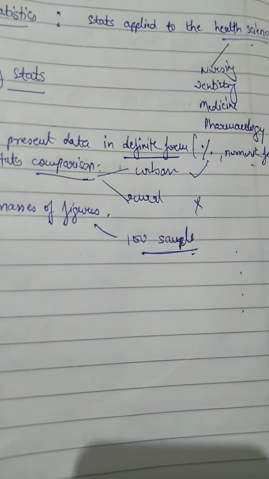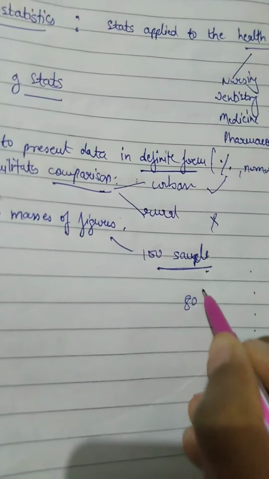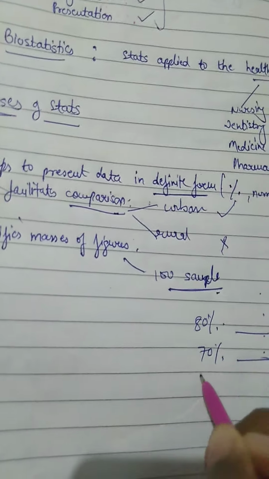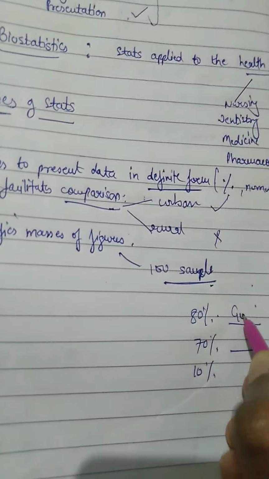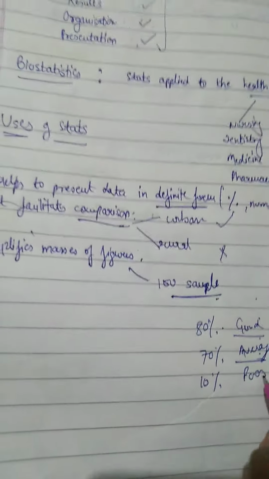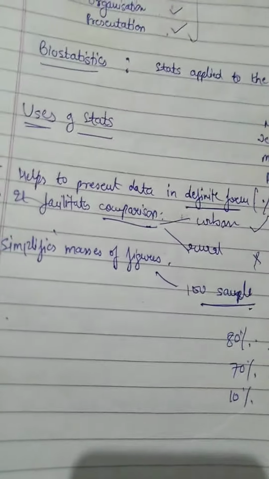So with the help of statistics you can tell 80% of them are having good knowledge, 70% have average, 10% have poor knowledge. So it is possible only with the help of stat.